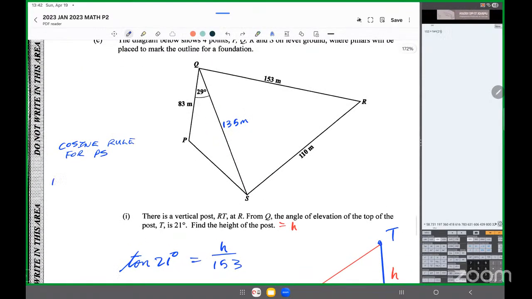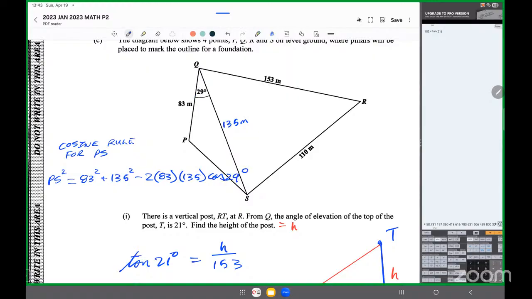So it's going to be that PS squared equals, remember it starts out like Pythagoras' theorem. PS squared equals this side squared plus this side squared, which is 83 squared plus 135 squared. Then you subtract 2 times 83 times 135 times the cosine of the angle between them, which is 29 degrees.